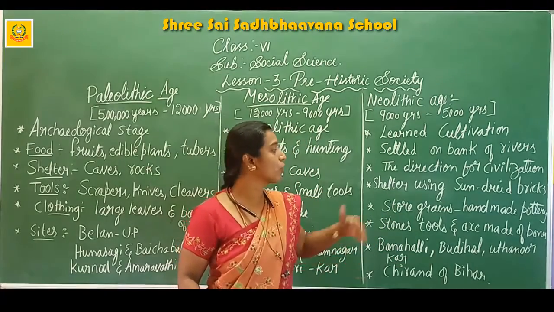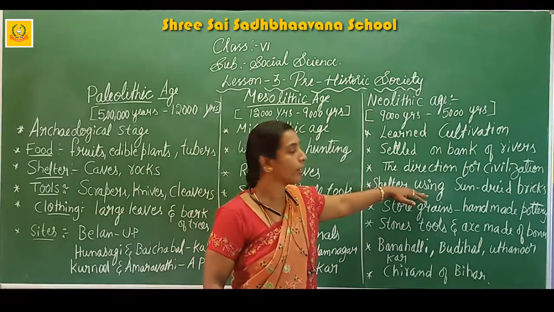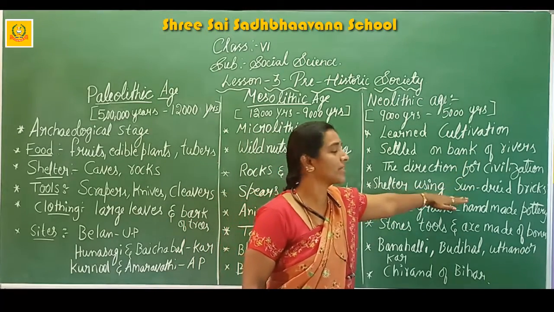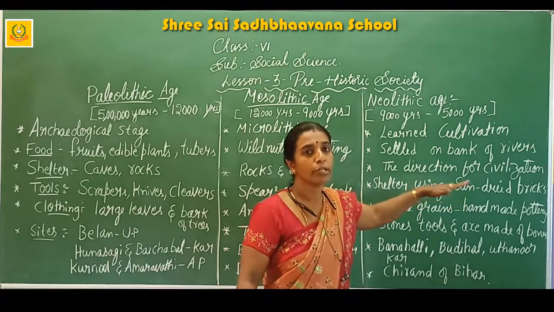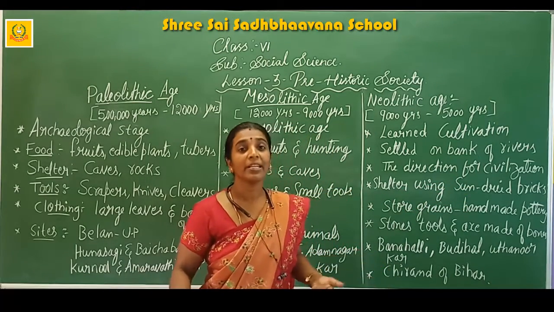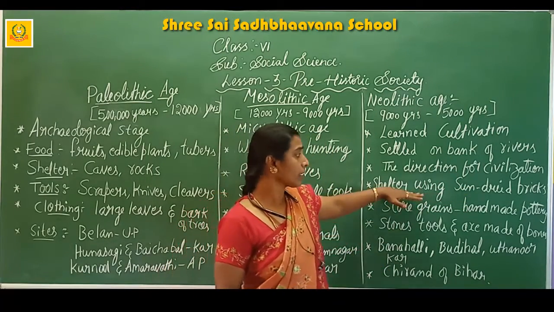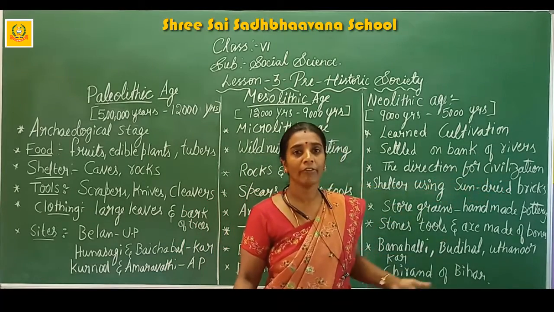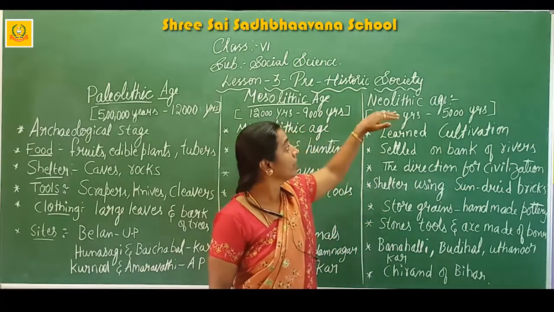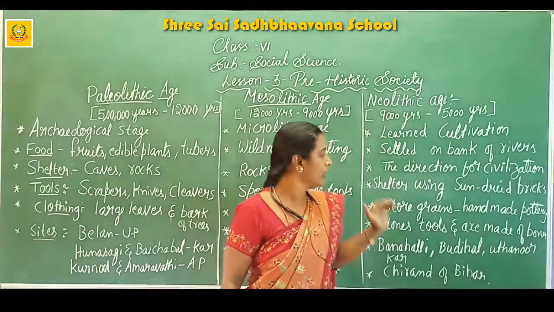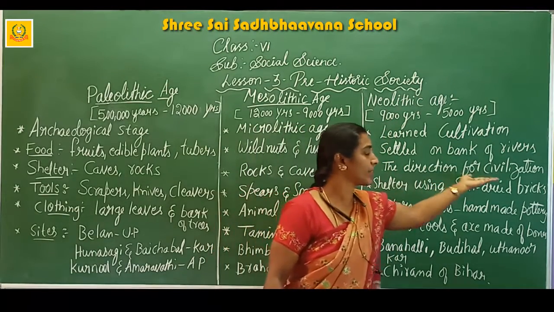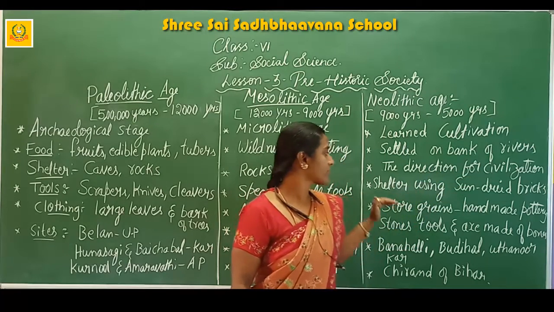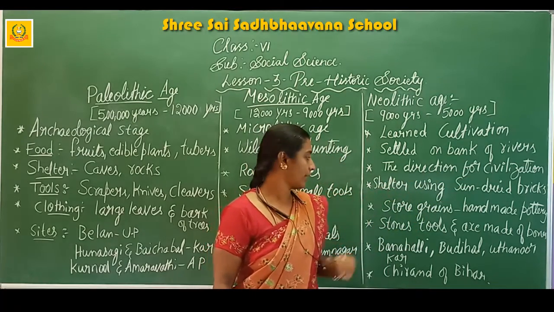These are the bases we got from our ancestors, and on that basis we are building our present and our future. Sun-dried bricks were not invented only in our age. It was in the Neolithic Age that they invented sun-dried bricks, and they used them to build shelter.